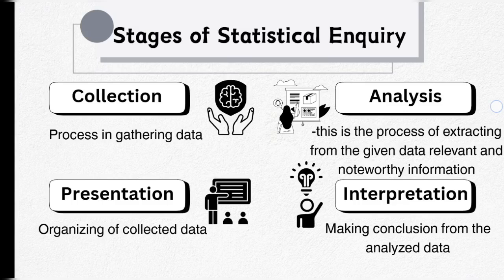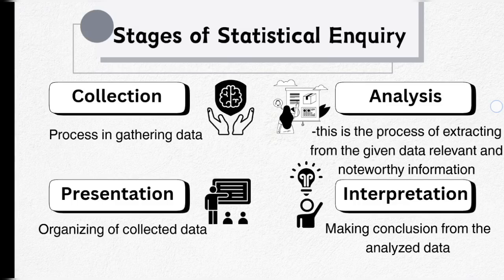So next is the analysis. This is the process of extracting from the given data relevant and noteworthy information. So after collecting data, you dive into it to find patterns, trends, or insights. This is like piecing together a puzzle to understand what the data is telling you. So next is the interpretation. Interpretation is making conclusions from the analyzed data.